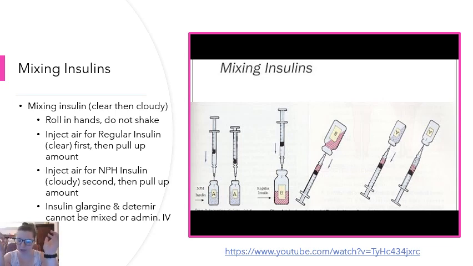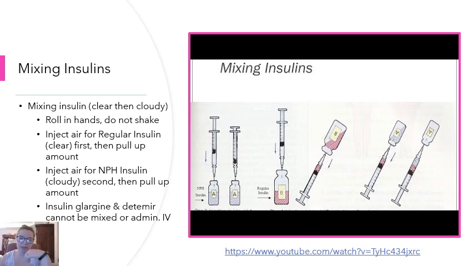So a little addition there, but that is one of the calculations that you'll need to know about how to add it in your syringe, and also knowing the order in order to do it. So you always do the clear, so the rapid or the short acting first, are usually the clear ones. The longer acting insulins are usually the cloudy versions, okay?